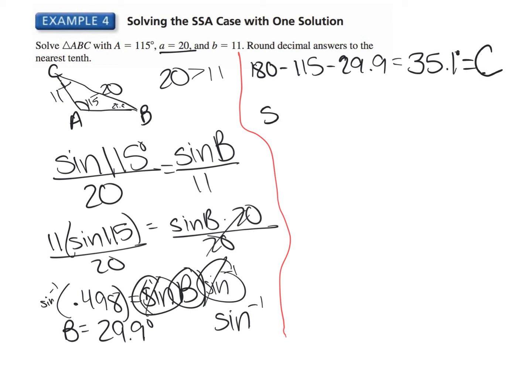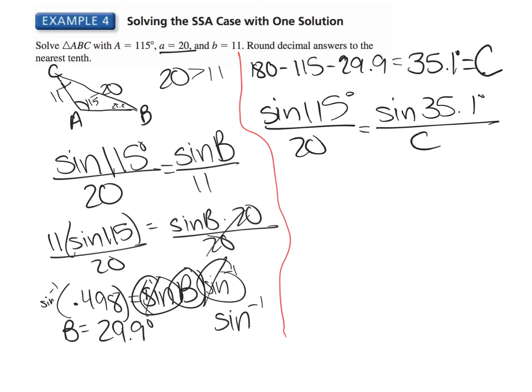So setting it up, sine 115 over 20, that's what we had. And then now we have sine of 35.1 degrees over that c that we're looking for. That's our missing piece. It's little c.